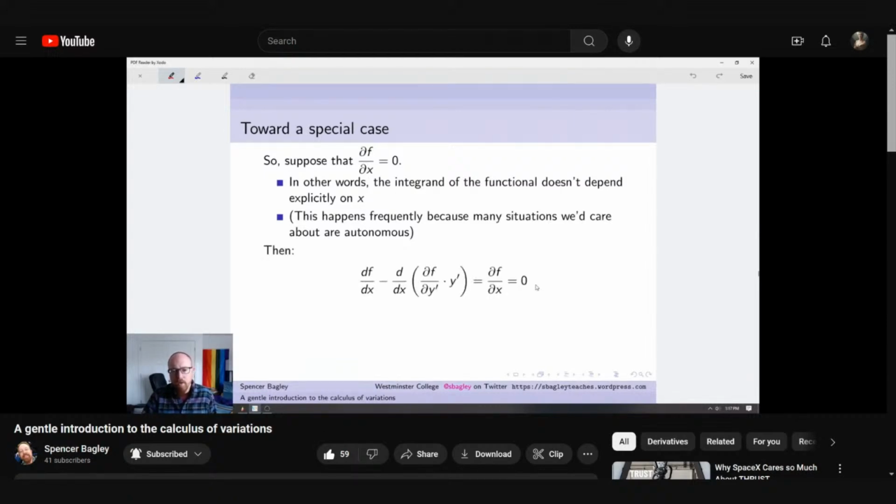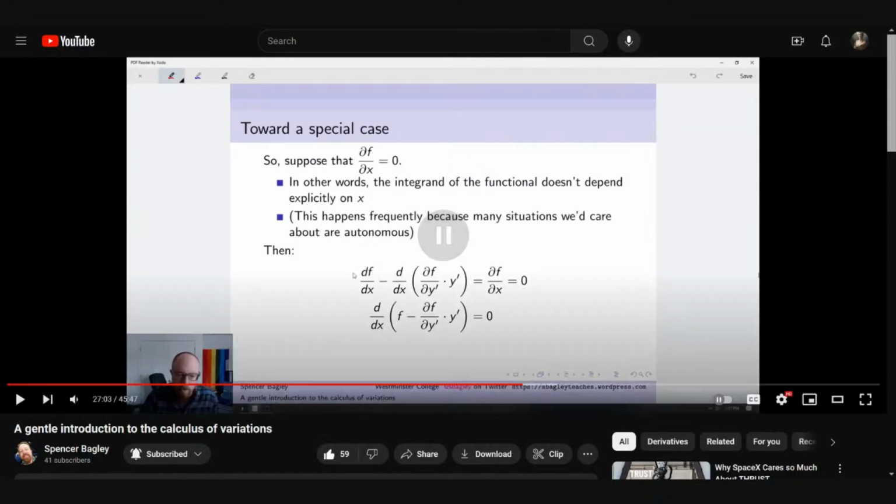So here's what we've got. And we can think about just adding this back over now, and then integrating both sides, or factoring out. Anyway, so df dx minus the dx of df dy prime is this, which is 0. So this is the total df dx.